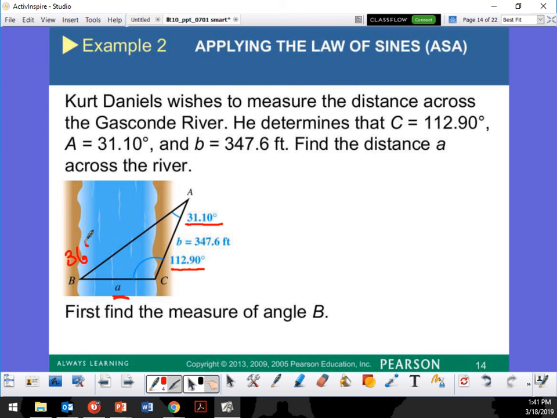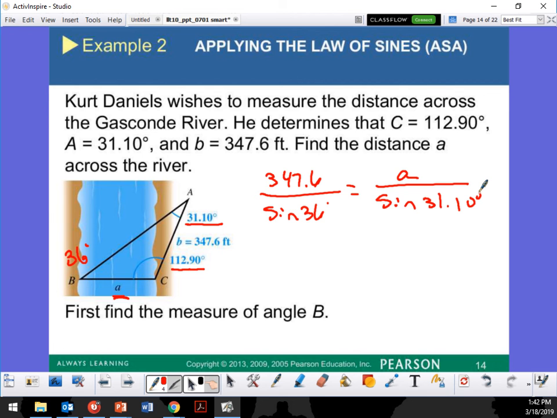Start with what I know: little b. 347.6 over sine of 36 is equal to, now remember, what goes on top here? Little a over sine of 31.10 degrees, right? Cross products.